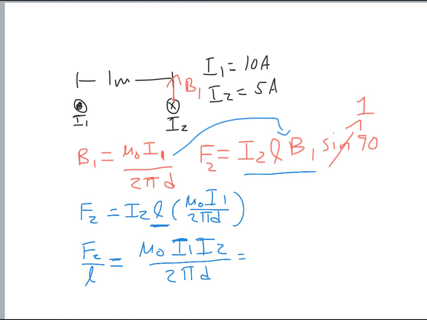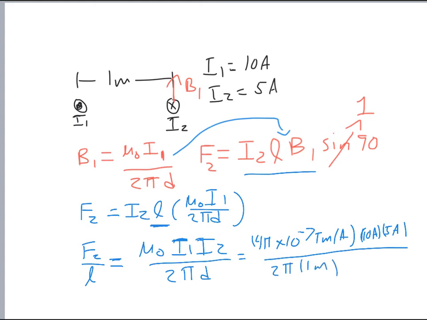And so if we plug all that in, we get 4 pi times 10 to the minus 7 Tesla times meters per ampere times the two currents. That's going to be 10 amps times 5 amps, all divided by 2 pi times the distance between them, which is 1 meter.